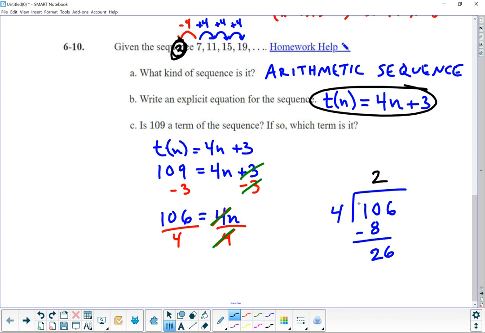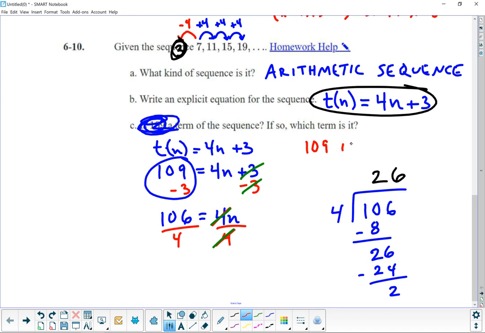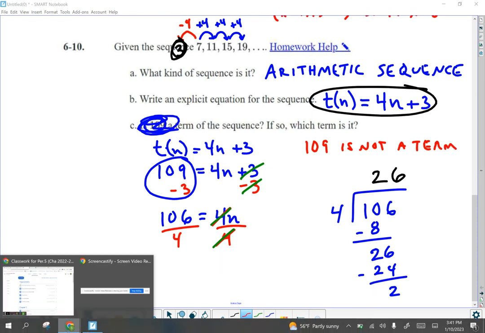So that's too much. So it'd be 4 times 6, which would be 24. And remainder 2. So that means that because 4 doesn't divide into 106, and 106 came from 109 minus 3, 109 is not a term in the sequence. Okay? So I want to say 109 is not a term. Okay, gonna call it. That's a wrap.